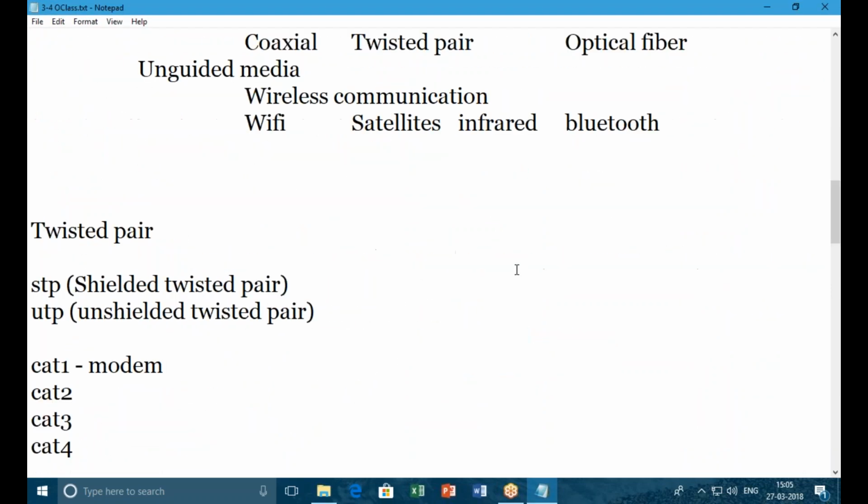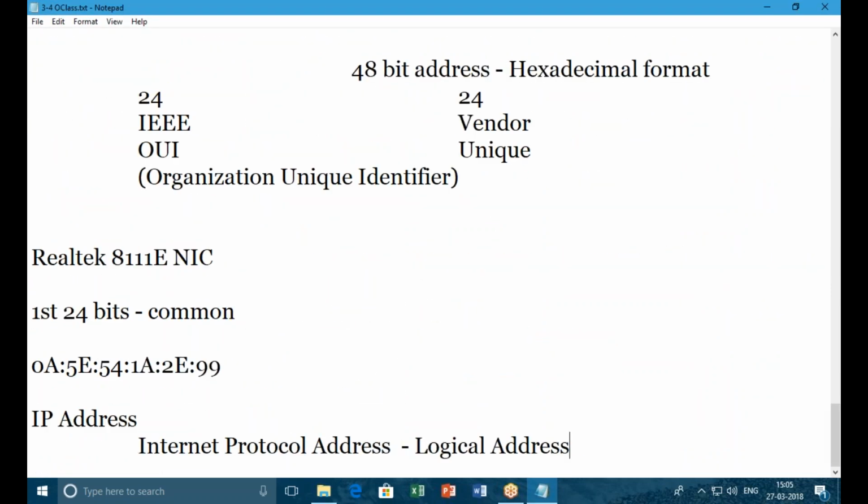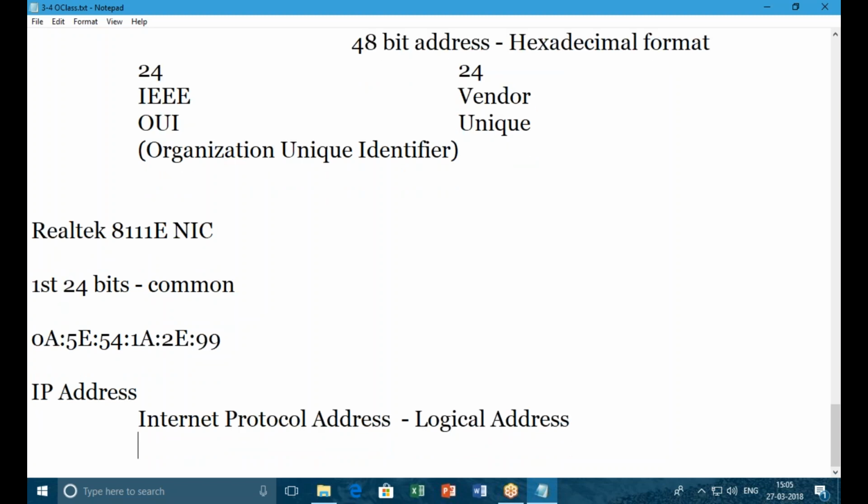Okay, so yesterday we stopped at IP address. In IP address we have two versions, that is IPv4 and IPv6.